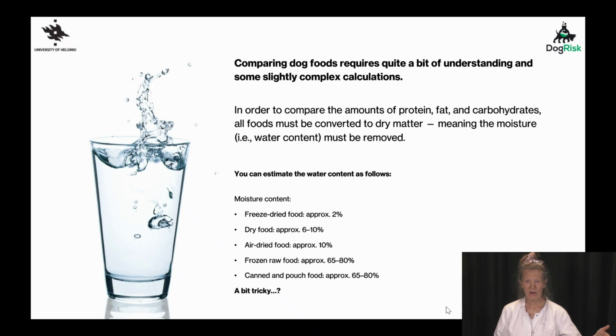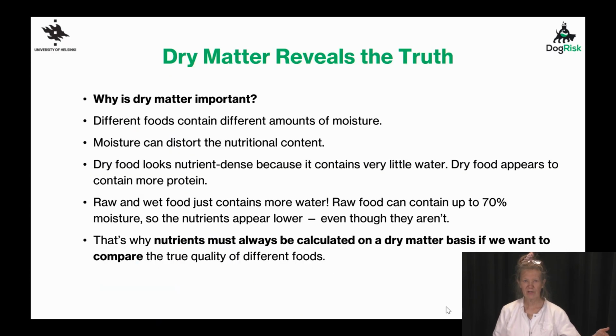So then when we would like to compare two very different types of dog foods, for example, a raw food and a dry food, which we're going to look at a bit later, we have to remember that they have such a big percentage difference in their moisture level that they are totally impossible to compare as such. So the ones that come directly from the package are not comparable. And what we have to do is change them into dry matter.